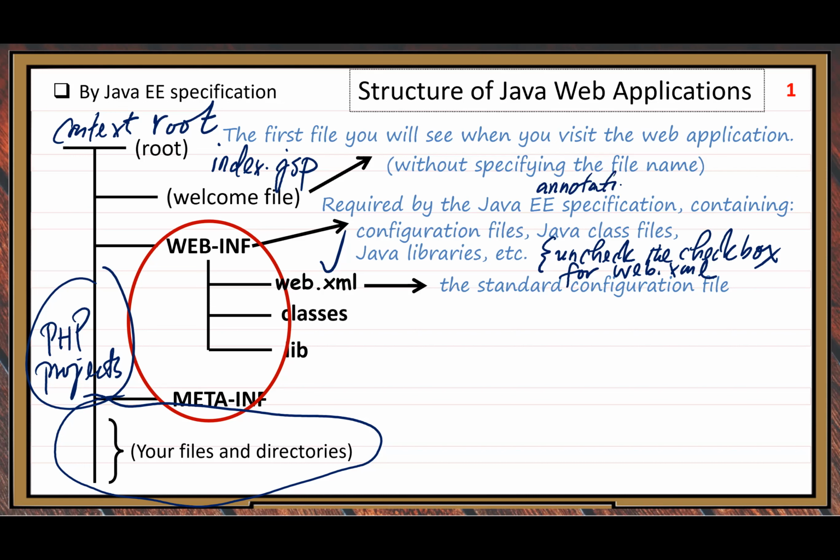If you use Java annotations, you can do the servlet configuration right inside your servlets. You don't need to put it in the web.xml. In that way, your web.xml is basically blank.